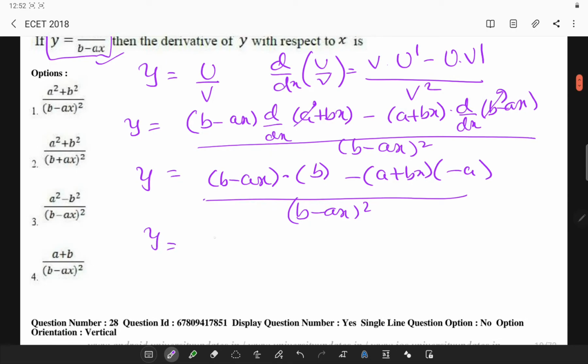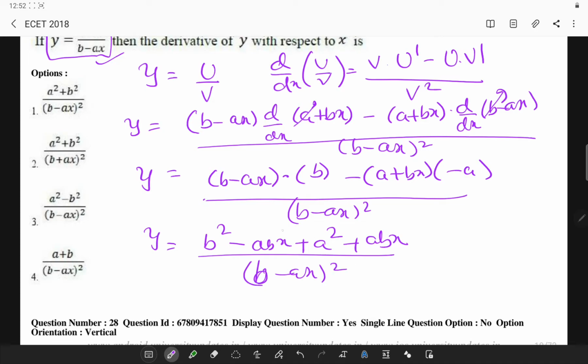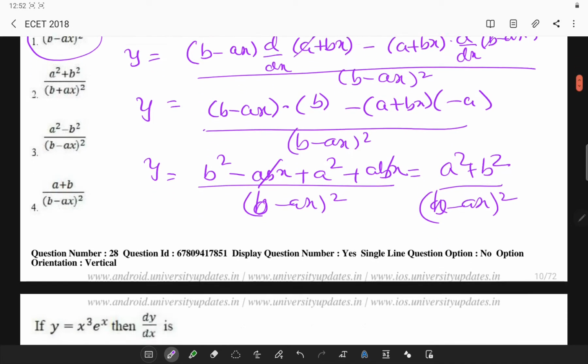So this you can write as b square minus abx, minus of minus is plus a square plus abx, divided by (b minus ax) whole square. So these two get cancelled and it will be (a square plus b square) by (b minus ax) whole square. So you can simply see it as option number 1.